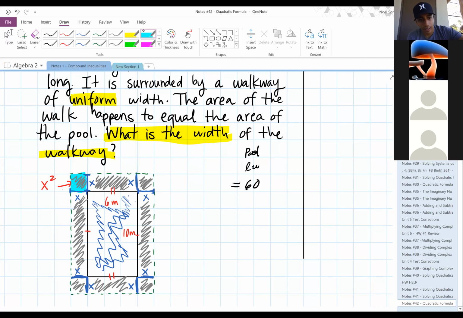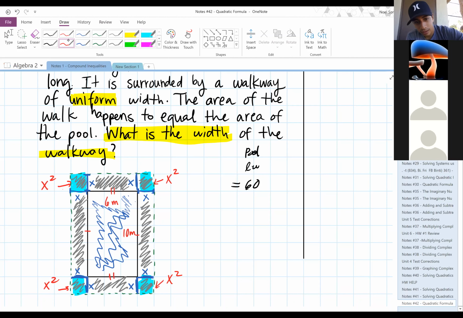Would you then agree that every little corner on the outer edges is also x squared? So the area here is x squared, here is x squared, here is x squared. Which means that in total, isn't that 1x squared plus 1x squared plus 1x squared plus 1x squared? So that's 4x squared. The area of just those corners is 4x squared.